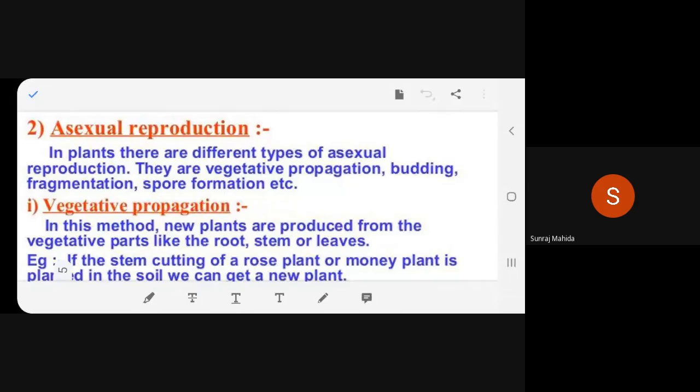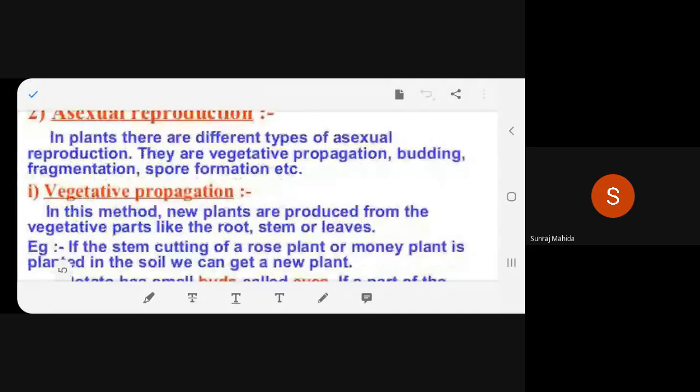They are vegetative propagation, budding, fragmentation, spore formation. So what are the asexual reproduction types? Namely, one is vegetative propagation, second is budding, fragmentation, spore formation. So we are going to read one by one all these types of asexual reproduction.